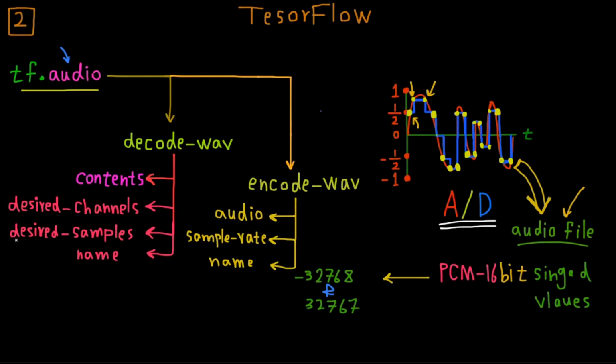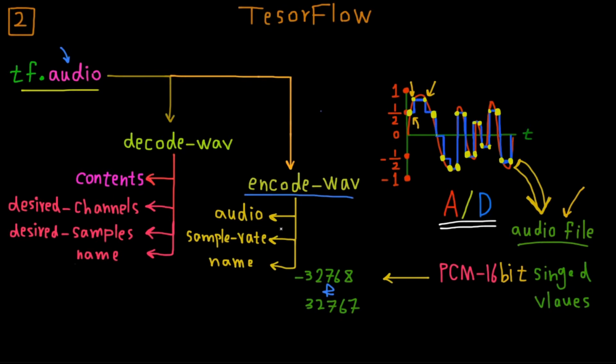The next argument is desired samples, which is the audio length requested. Let's say we have an audio file of 10 minutes and we need just the first minute, so we can use this argument to take the first minute from this audio file. The last one, name, is the name of the operation. It is an optional argument.